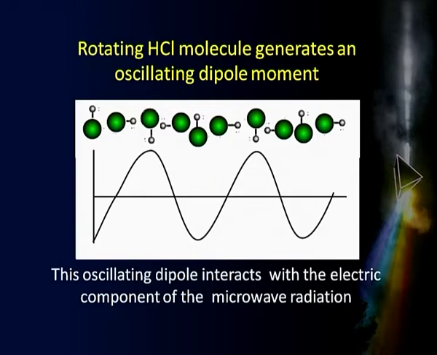We have radiation coming in, and a tumbling molecule generating an oscillating dipole, while the radiation has an oscillatory electric field component. So the two will interact. The dipole moment provides the mechanism for this interaction, and only in such cases will we get the rotational spectrum, whereas for a homonuclear molecule no spectrum will be observed.